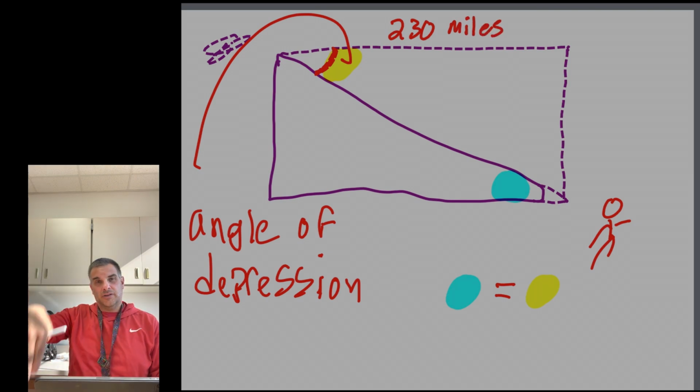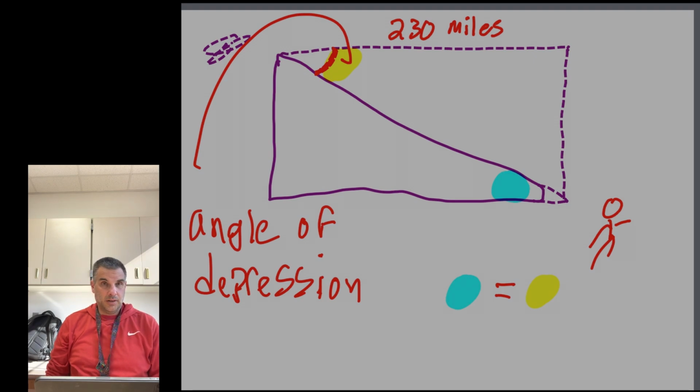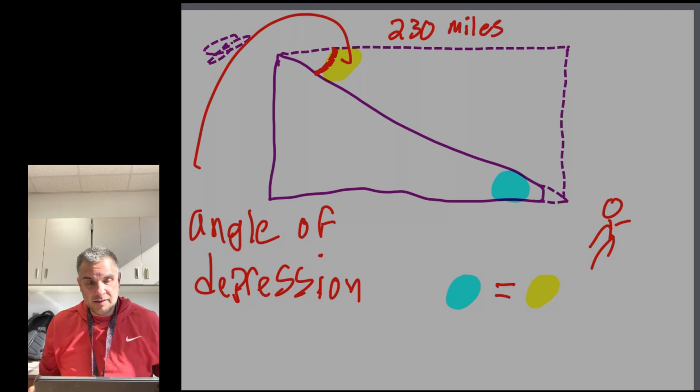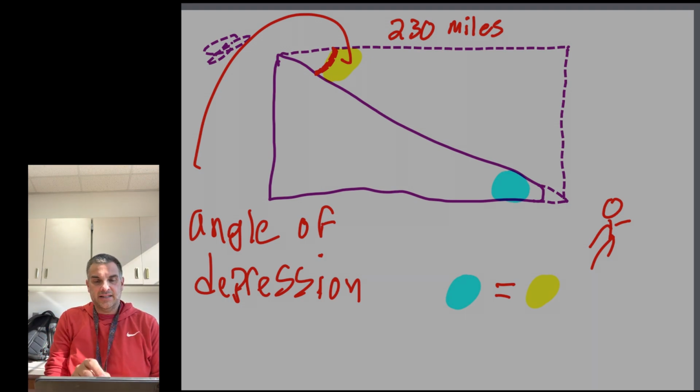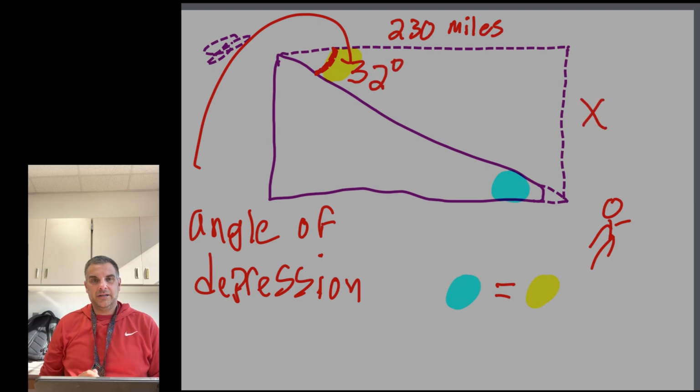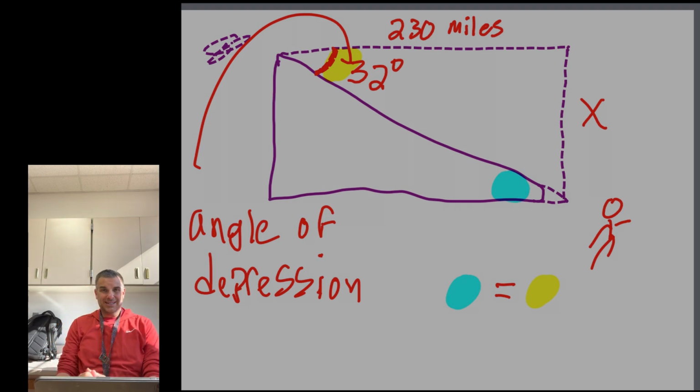And I know it's 230 miles from where it needs to land. Let's say the angle of depression is 32 degrees, and I want to know how high this plane is in the sky.